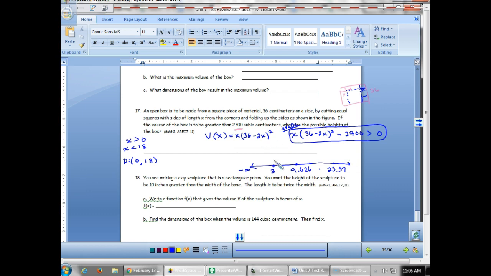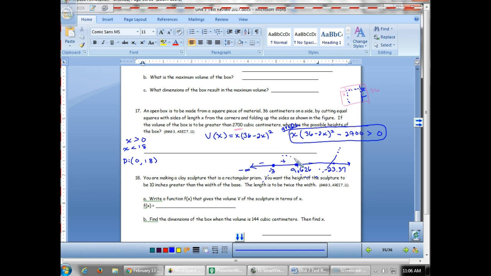23.37. And then what are our signs? We can either do it from just our knowledge of the graph. So what do I put here, negative or positive? Negative. Could I take a 0 and plug it in? Yeah, absolutely, and see what I get. But I really don't have to because I know my graph is kind of doing this, like that.